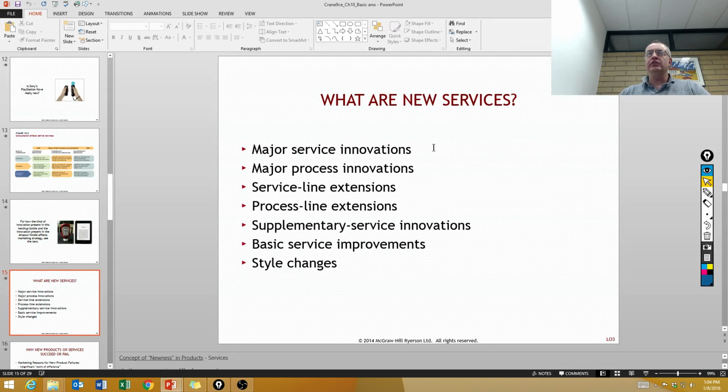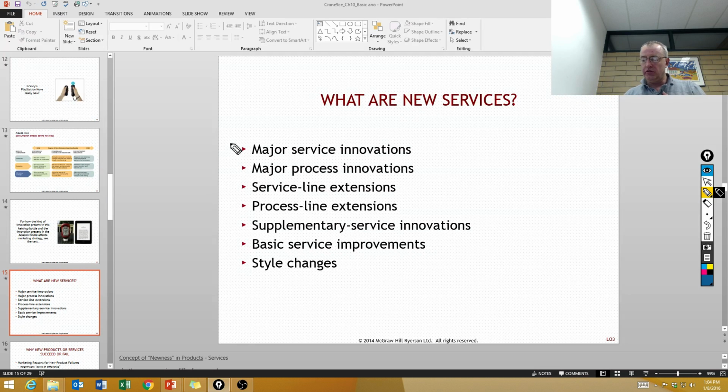The dentist doesn't put a brand on my tooth or on my filling. So that's different. The absence of a physical product to attach a name or a brand distinguishes services from products.